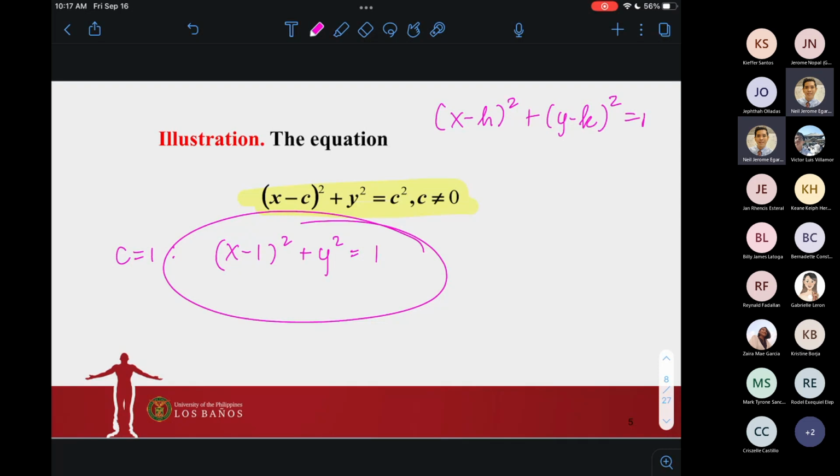So pag nakakita ka ng equation na ganito yung itsura, it's a circle with center at (h, k), and the radius is r, right? So basically, this circle is the unit circle centered at (1, 0), because here h equals 1, k equals 0. So we have the center at (1, 0), and then it's a unit circle.